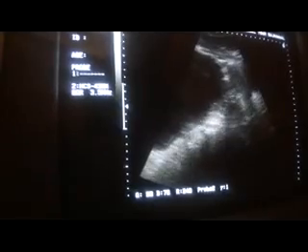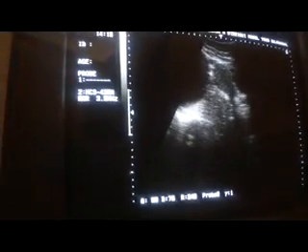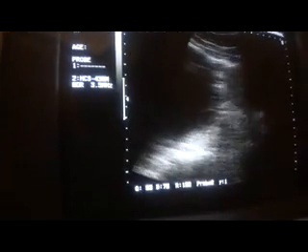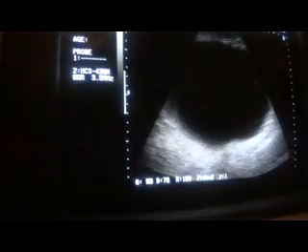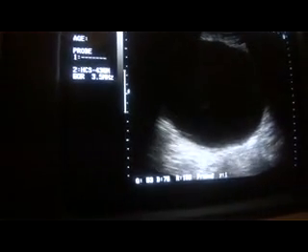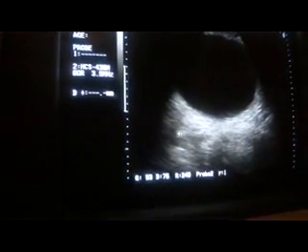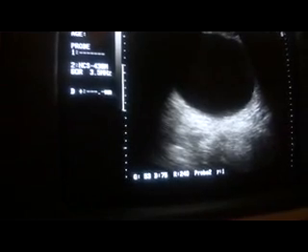You see here again. Now this is the cyst in the midline. It goes up to the umbilical region. It is thin-walled. See the acoustic enhancement, strong back wall.